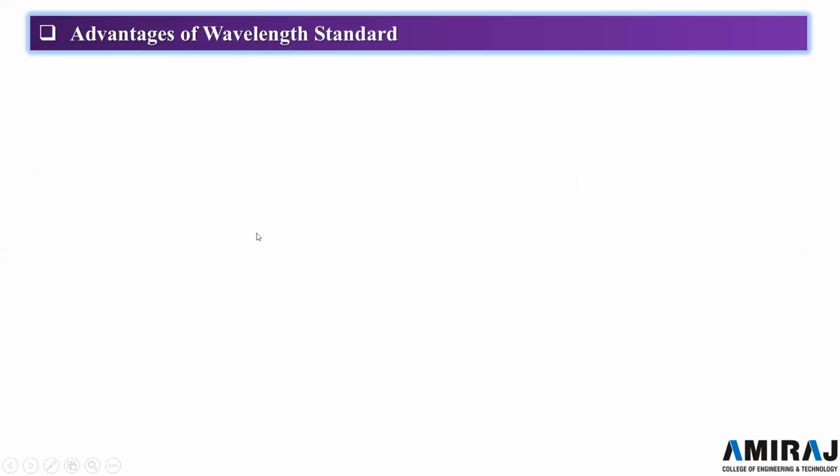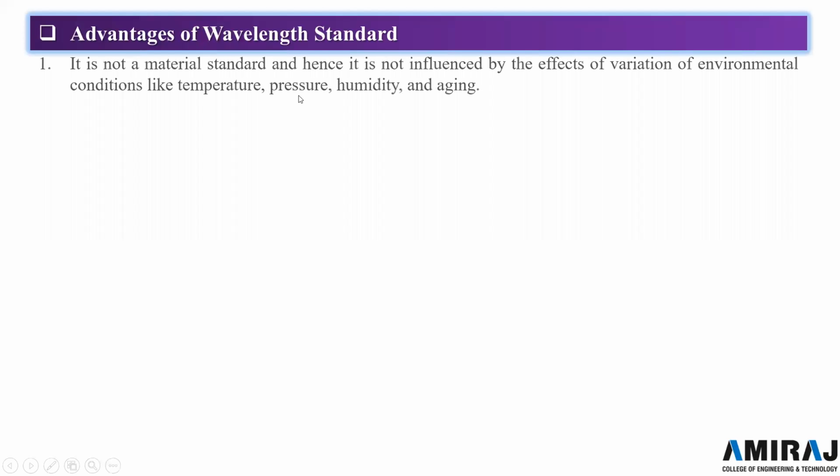Now there are certain advantages of the wavelength standard. The first advantage is that it is not a material standard, and hence it is not influenced by variation of environmental conditions like temperature, pressure, humidity, and aging.